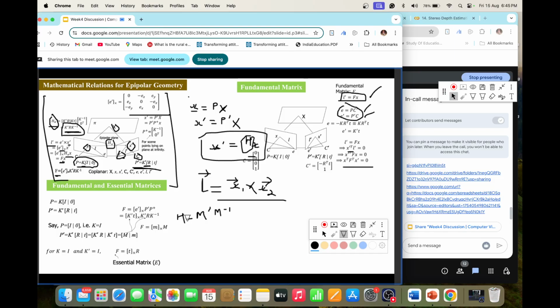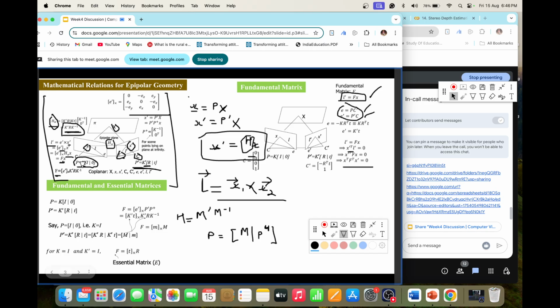H can be written like this also. If your P and P dash are not given in this form, then you can write it as M dash M inverse. Any P can be written as [M P4]. M is nothing but the first three columns of your projective matrix, and P4 is the fourth column of your projective matrix.